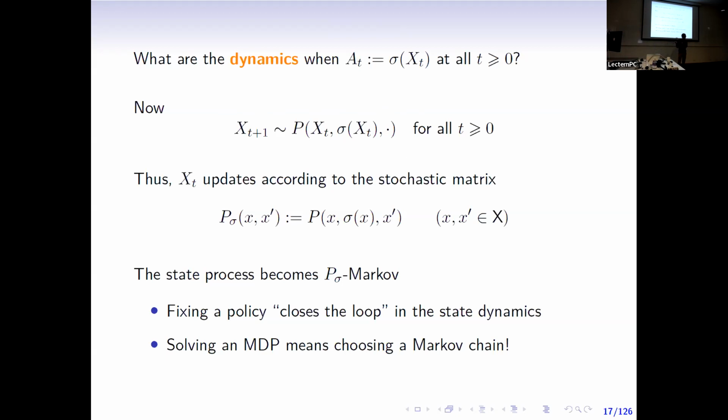It's a Markov chain. So when we pick a policy, we're actually choosing a Markov chain. So the problem of dynamic programming, or at least Markov decision processes, is to pick your favorite Markov chain, in terms of the one that gives you maximal lifetime reward.